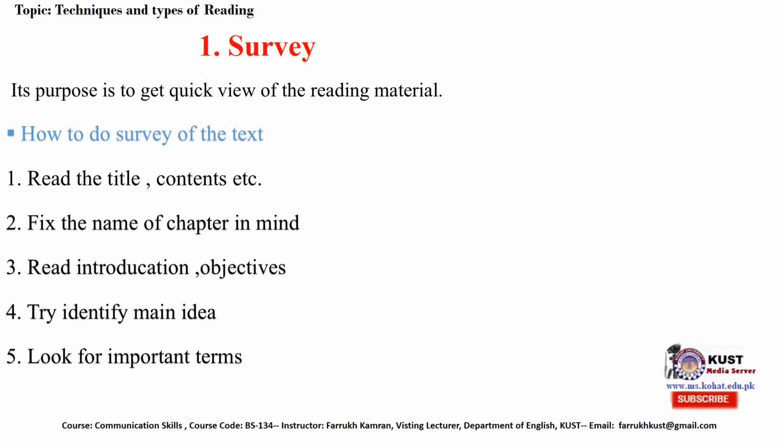Sixth, look at other clues which may identify the main idea. Seventh, read the summary to see which ideas the author restates for specific emphasis or what conclusions are drawn. Eighth, look at the important terms given at the beginning or end of the chapter.